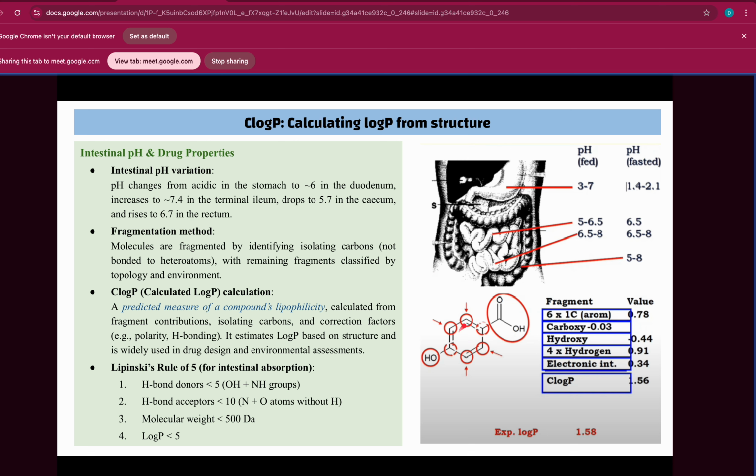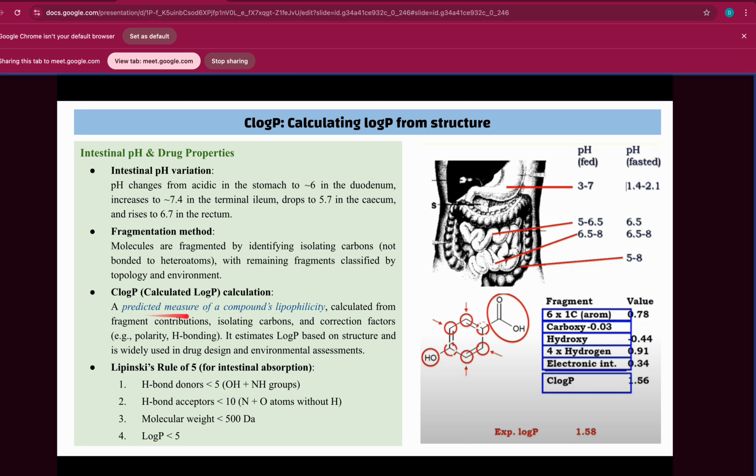There are 6 carbon atoms present, so its log P value turns out to be 0.78. These are based on calculations from existing literature of what value a particular structure has. On this basis, we can predict log P values for different chemical compounds, and we are not doing it experimentally, so it reduces our time.